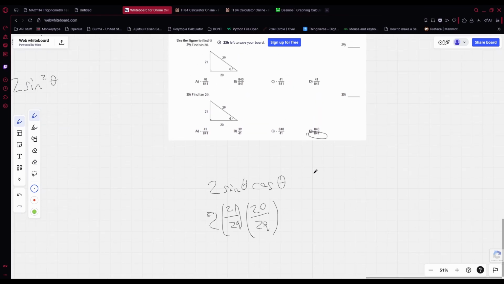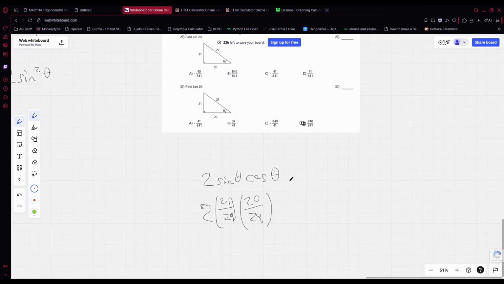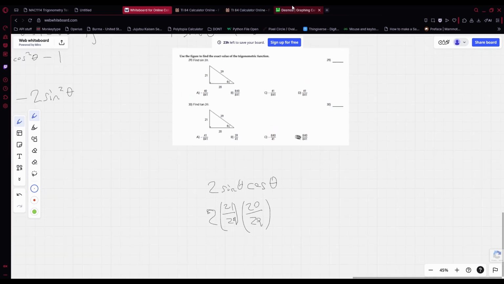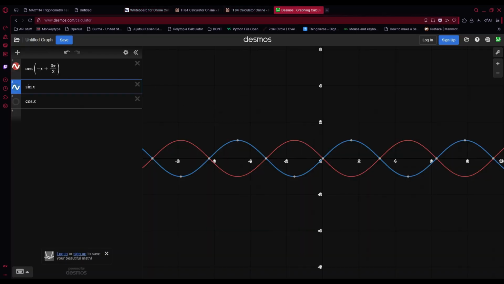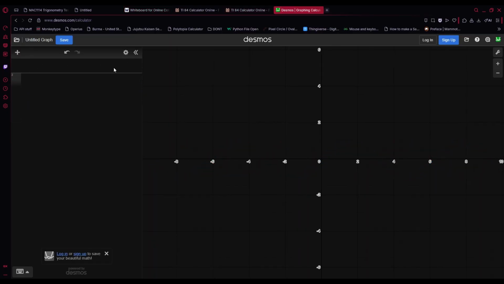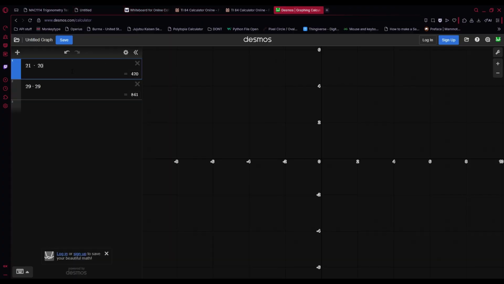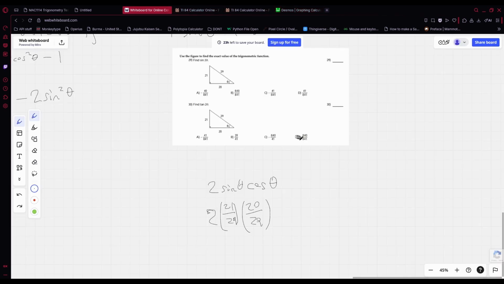And it's probably 841, because that's a big number. And 21 times 20 is 840, so it's probably this. But I'm going to put it in a calculator. So 21 times 20 and 29 times 29. Ah, 420 over 29 times 29. Oh yeah, and everything's multiplied by 2. Times 2. Yes, 840 over 841. So that's perfect.